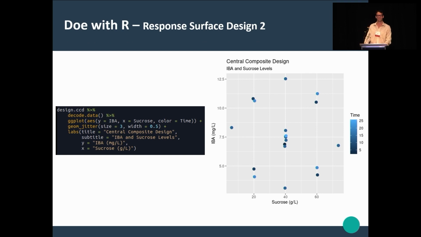So I was talking earlier about how in R, using ggplot, you can add more dimensionality to your visualization. So in this case, we have a two-dimensional visualization, which is your IBA and your sucrose. So that's your X and your Y. And it would normally have a nice square with a circle transcribed around it, but I added a little bit of variation so the points don't overlap perfectly.